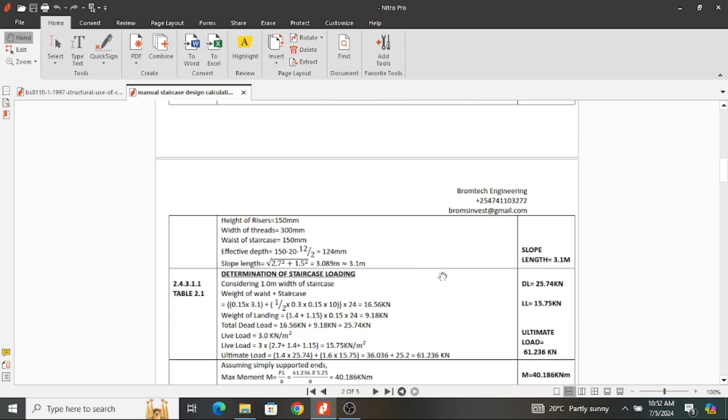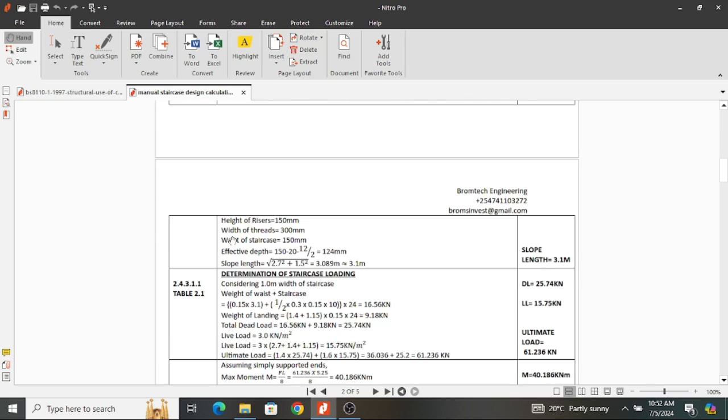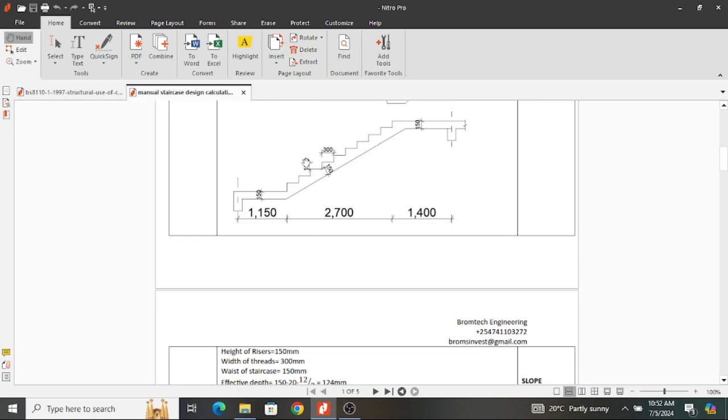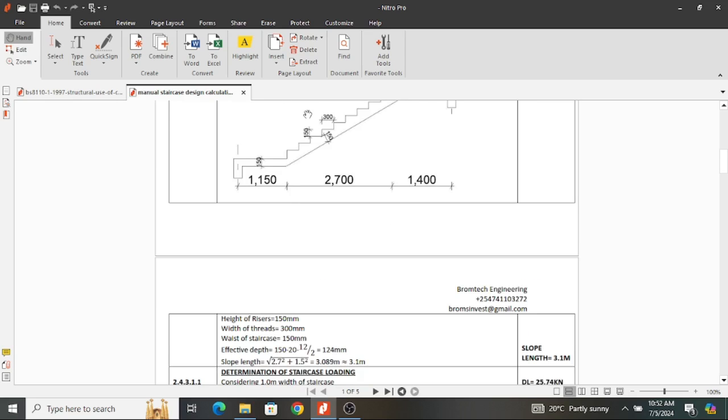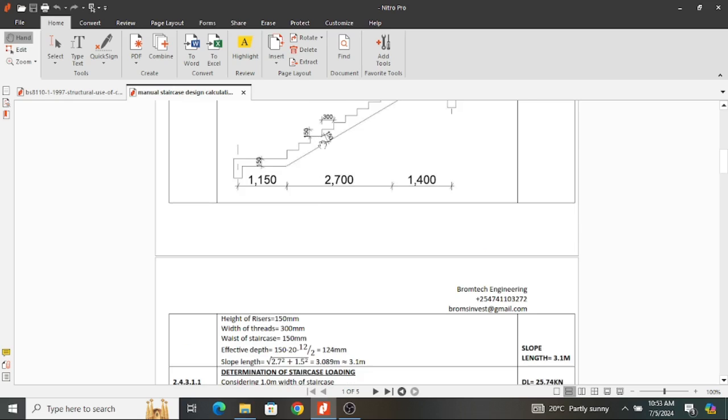Now we start our design, having looked at how the staircase looks. The height of our risers is 150, we have seen that, it's right here. The width of our treads is 300. The waist of the staircase is 150, as you can observe here. And the effective depth can now be obtained because we have the waist. Effective depth, we've said, is the distance from the top to the center of the main reinforcement at the bottom.